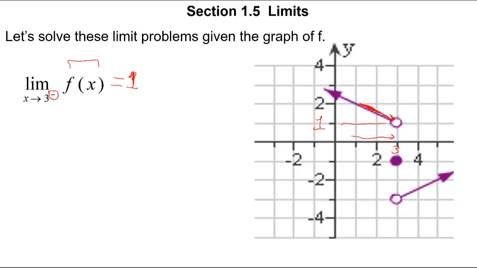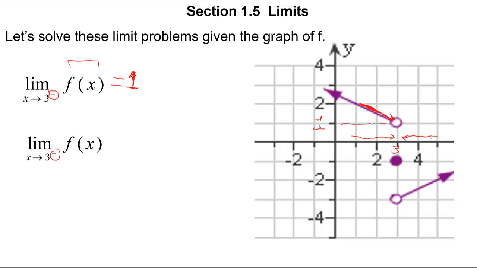Maybe I can draw a better 1 than that. How about this one? What if I do it from the right? This time I'm moving in toward 3, but I'm coming from the right side of 3. So now I'm moving in from this direction, getting closer to 3.